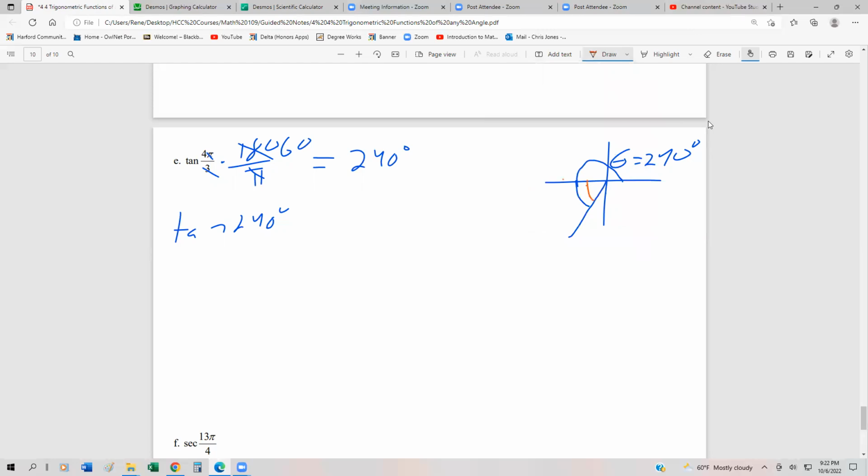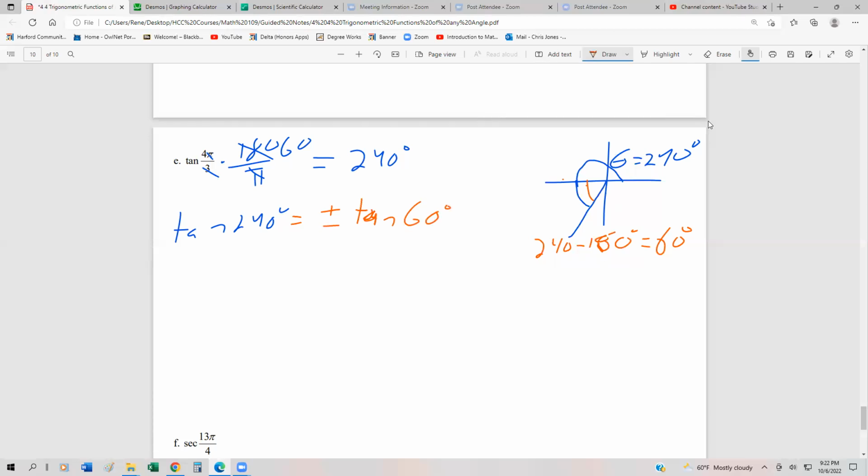Okay, so this is going to be our theta, and so that's going to be 240 minus 180, or that's going to be 60 degrees. Okay, so that means that the tangent of 240 is either plus or minus the tangent right now of 60 degrees based on what our reference angle is.